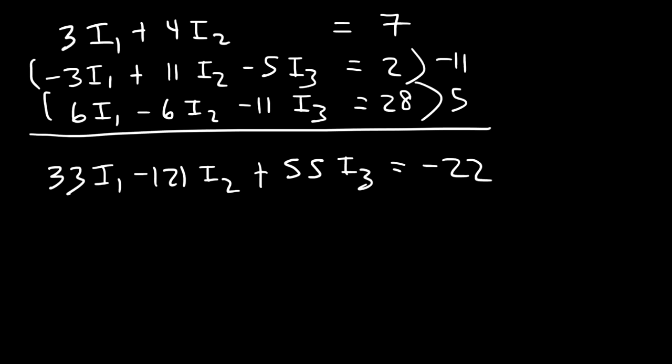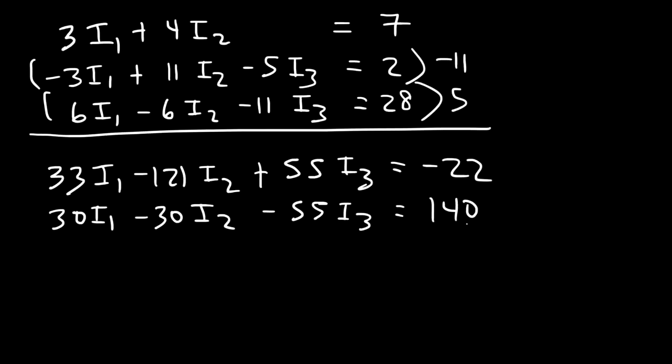Now let's multiply the third equation by 5. So 6I1 times 5, that's going to be 30 I1, and then negative 6I2 times 5, that's negative 30 I2. Negative 11 I3 times 5 is negative 55 I3. And 28 times 5. We know 20 times 5 is 100. 8 times 5 is 40, so this is going to be 140.